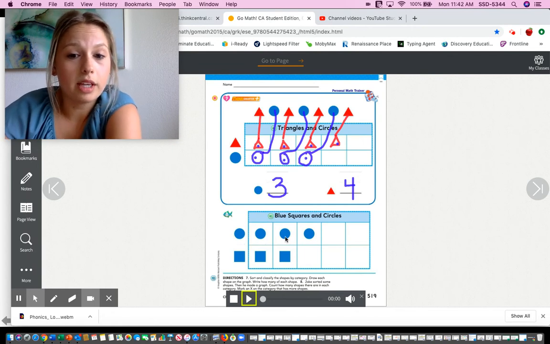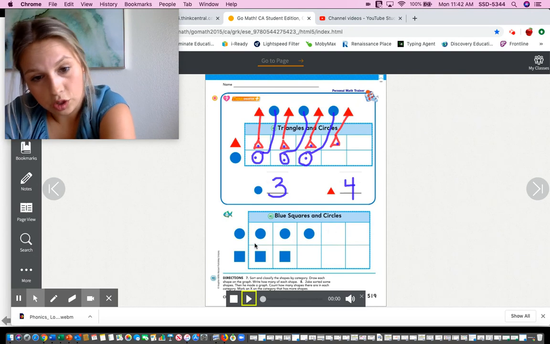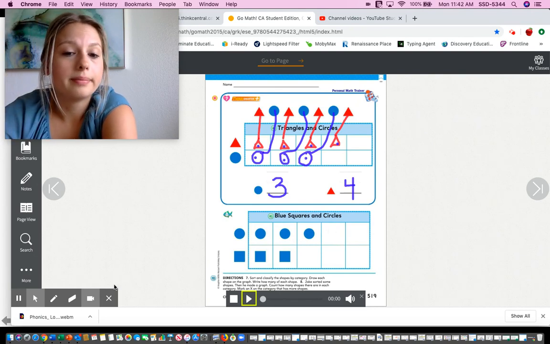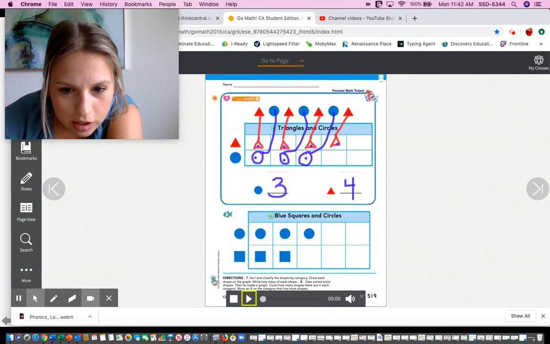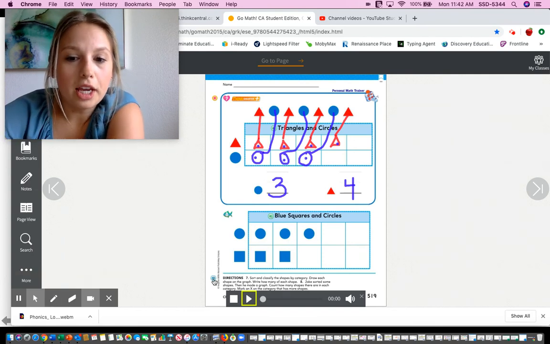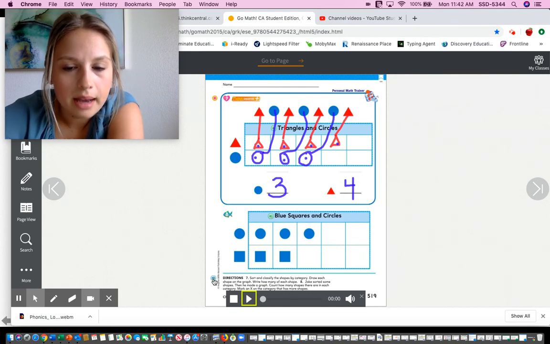Top row we put all the circles, and bottom row we put all the squares. And here are the directions. Jake sorted some shapes. Then he made a graph. Count how many shapes there are in each category.